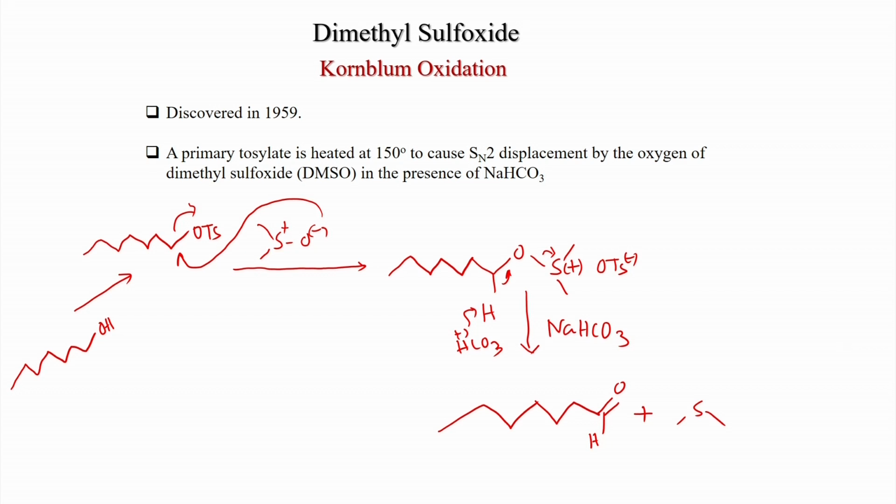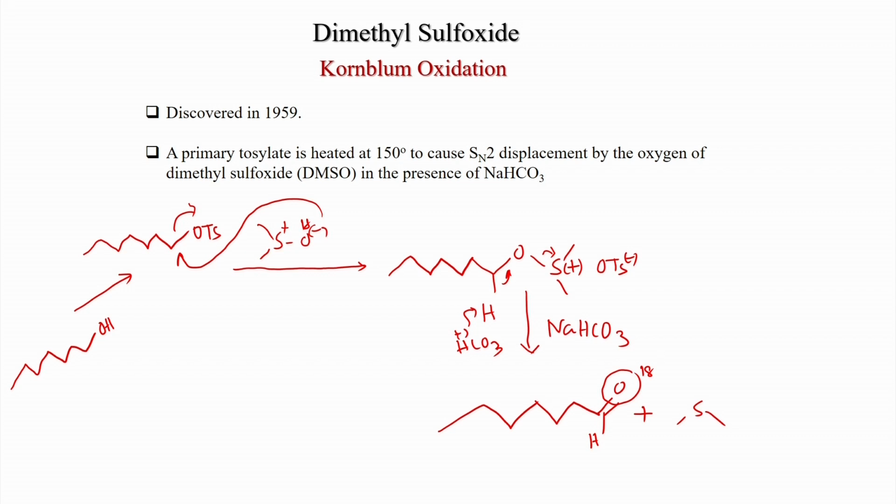So, this is an early example. Also, you can see that this oxygen is coming from the DMSO. So, if you put this O18, then this aldehyde will be O18.